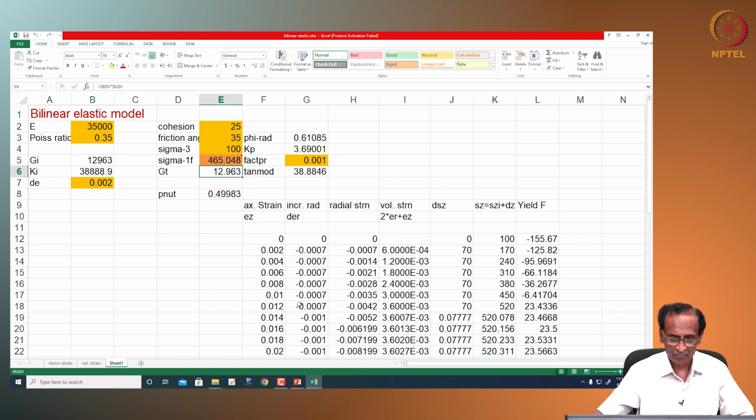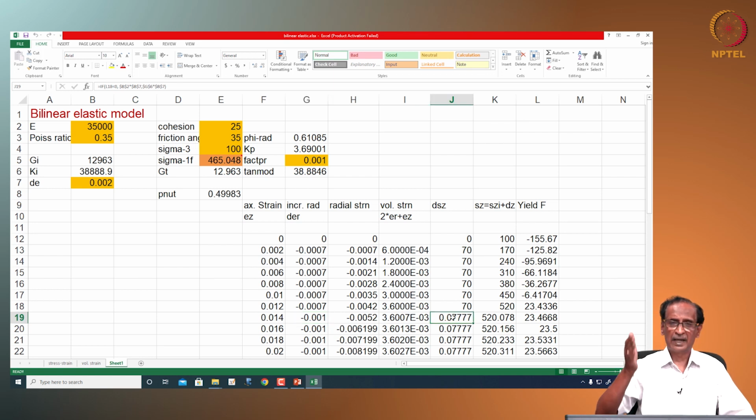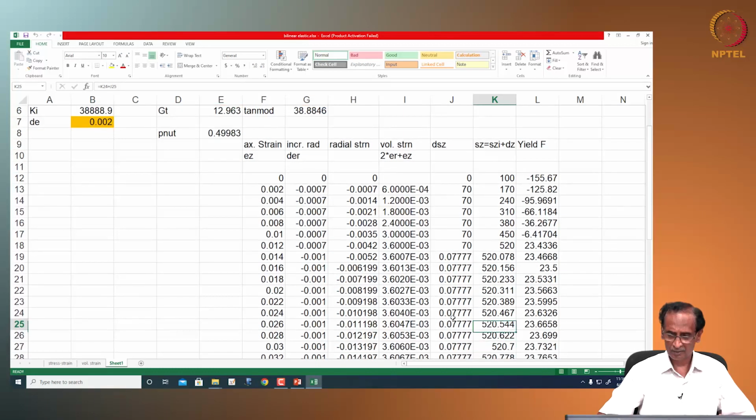So, if that is done, our d sigma z, that is the axial stress increment, is only 0.07, and our incremental volumetric strain is also very small. Okay, and so you see here our volumetric strain is more or less remaining constant, and our axial stress is remaining very close to 520. So, with increase in the axial strain, it will continue at the same value.